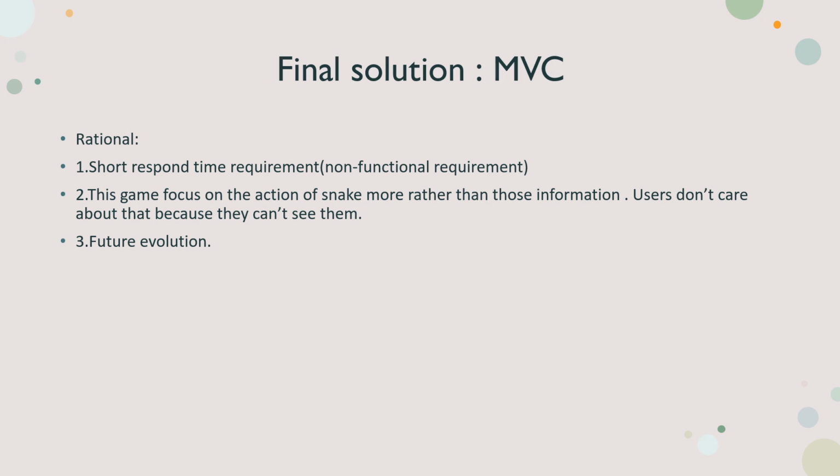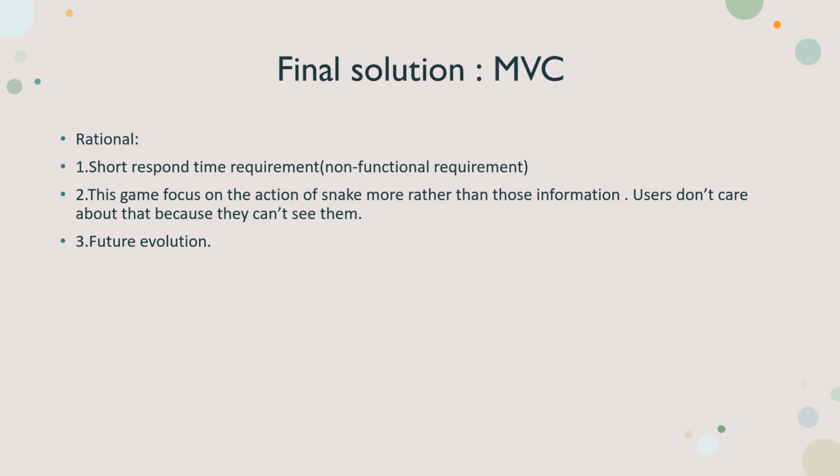Second is that using Blackboard may be a little bit redundant for this game, because this game mainly focuses on the action of the snake, the interaction, rather than those data or attributes. Although that information is very important, players don't care about it because you can't even see it.